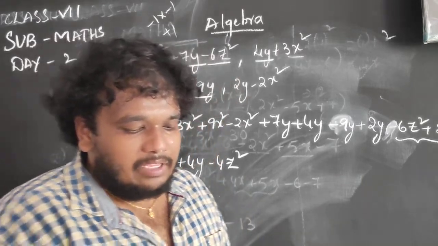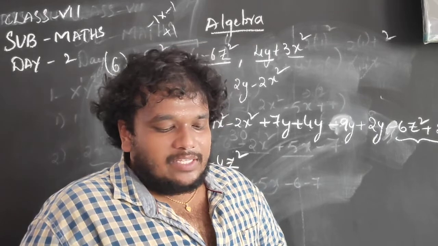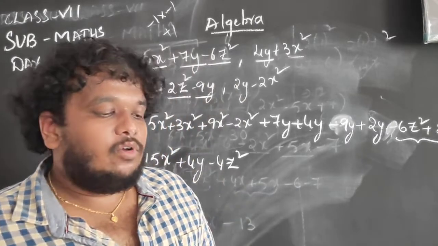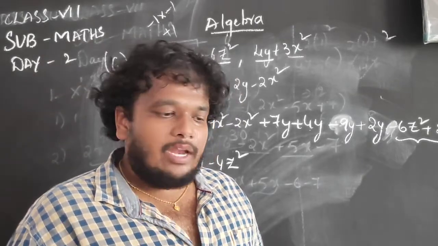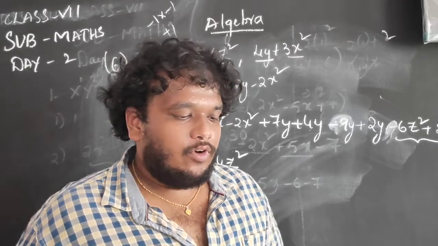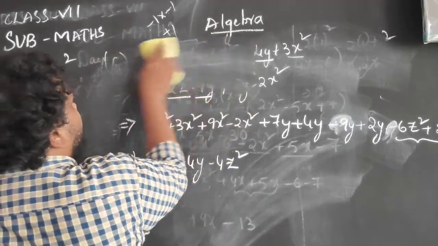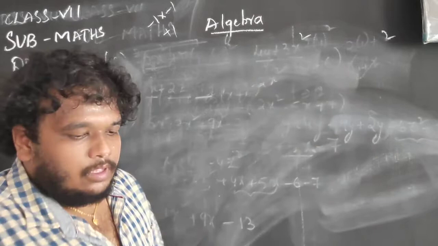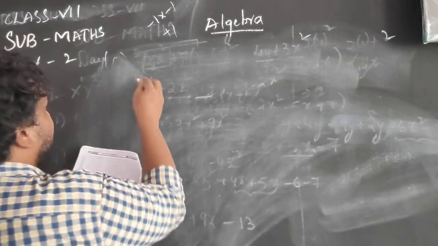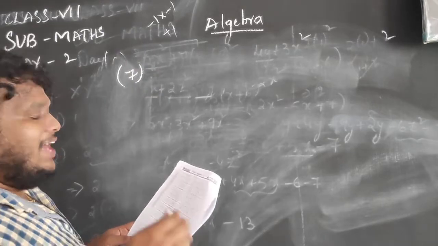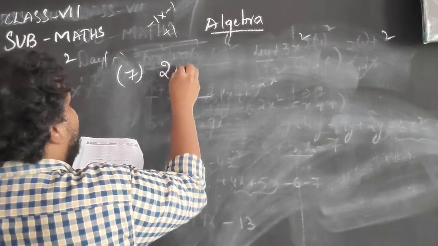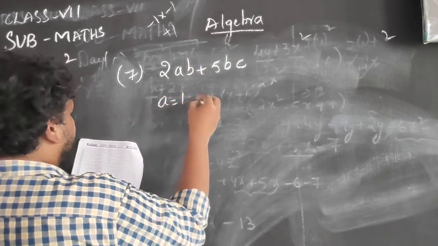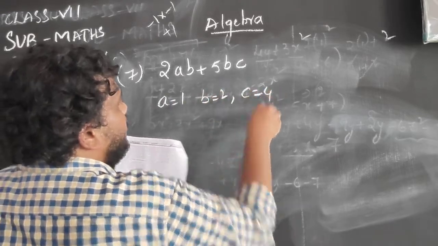Now see the 7th question. Evaluate the expression 2ab plus 5bc when a equals 1, b equals 2 and c equals 4.